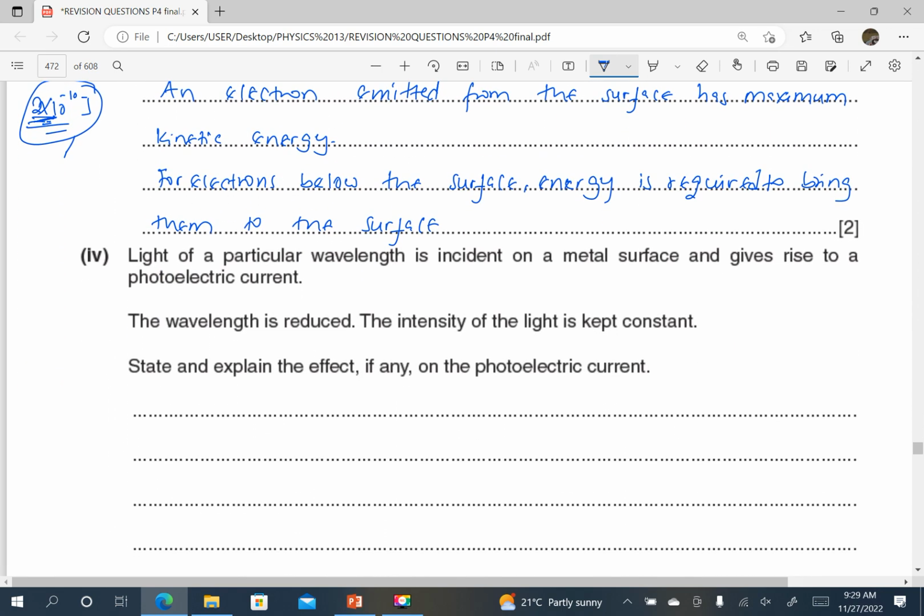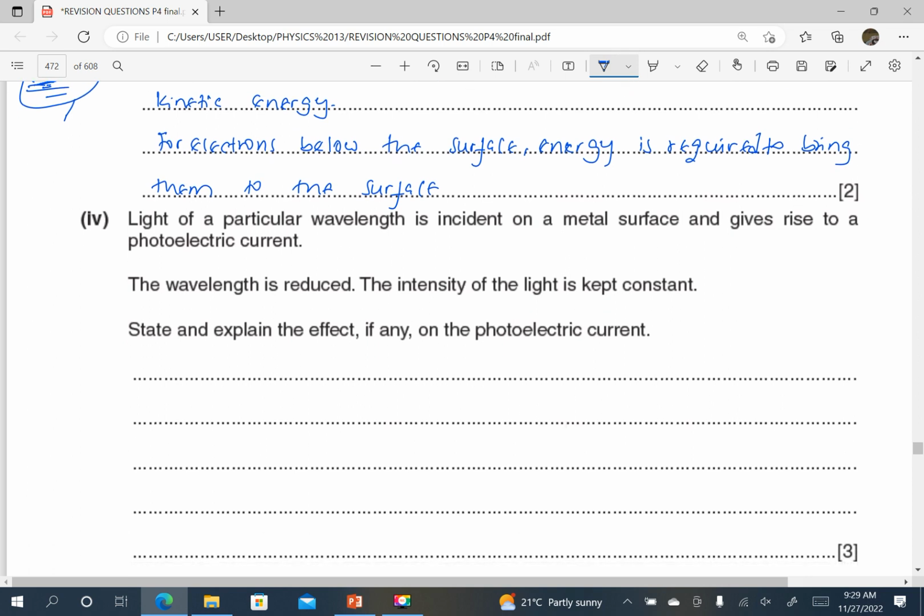Okay. Light of a particular wavelength is incident on a metal surface and gives rise to a photoelectric current. That is emission of electrons. The number of electrons emitted per unit time is the photocurrent. The wavelength is reduced, so lambda is reduced. The intensity of the light is kept constant.